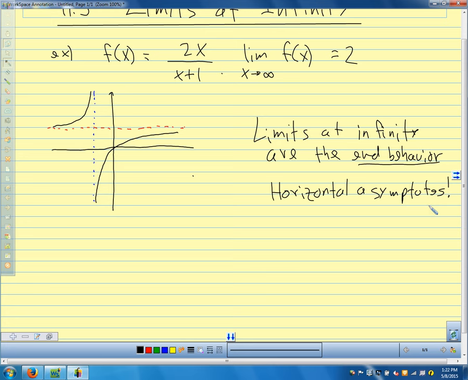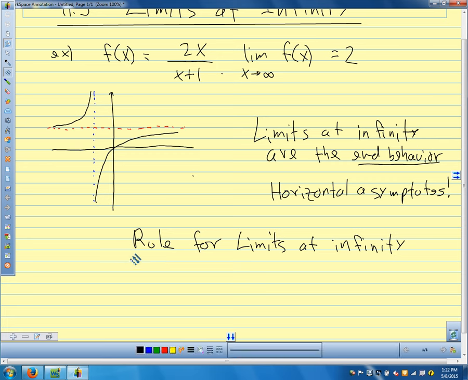And when we work with these algebraically, there's only one rule that we need to know that tells us why those rules for horizontal asymptotes work. This is the rule that really tells us why we could do those things before when we found the horizontal asymptotes.